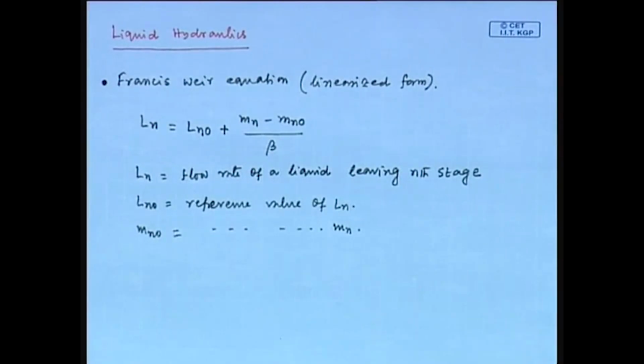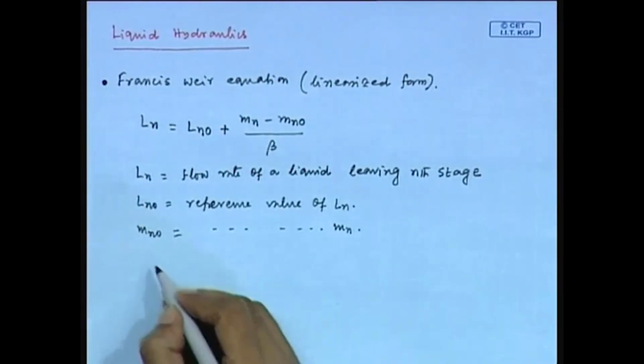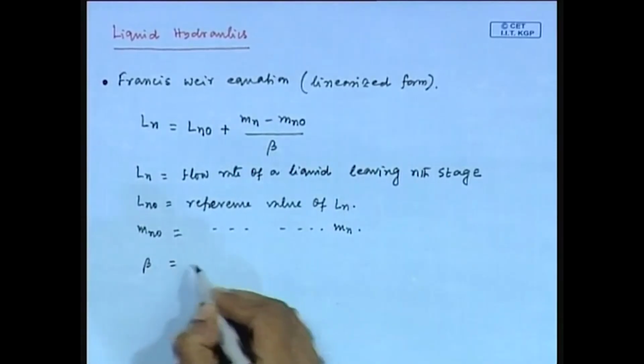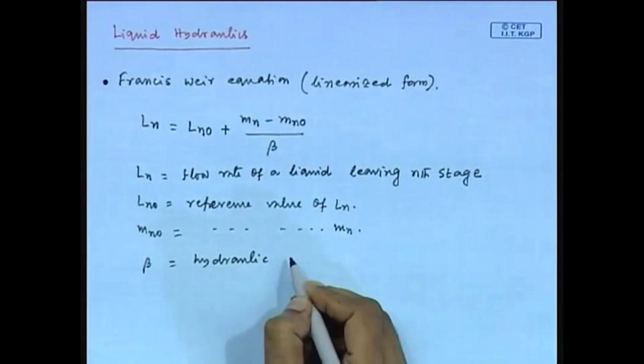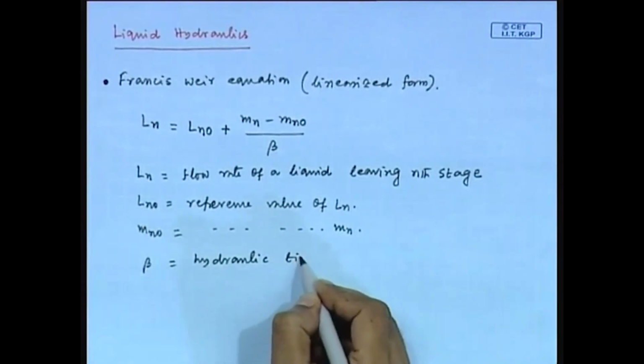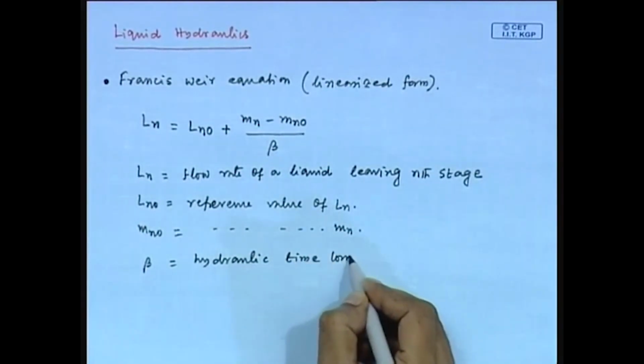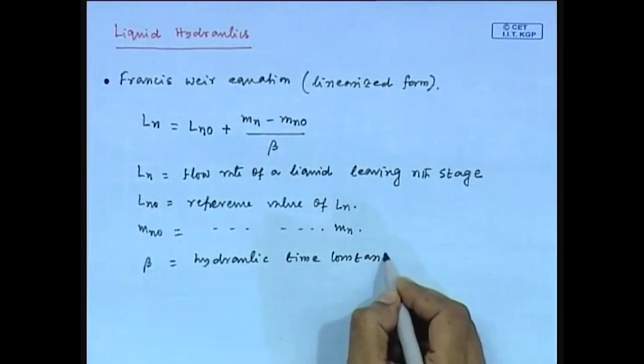Another term is included in the Francis-Weir formula, that is beta. Beta is the hydraulic time constant.